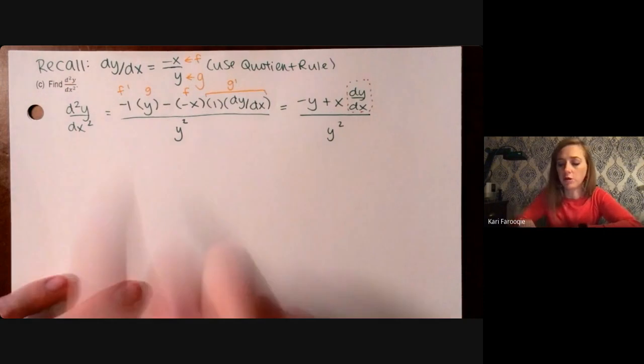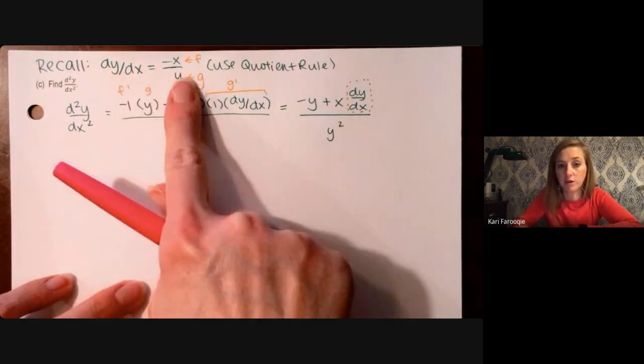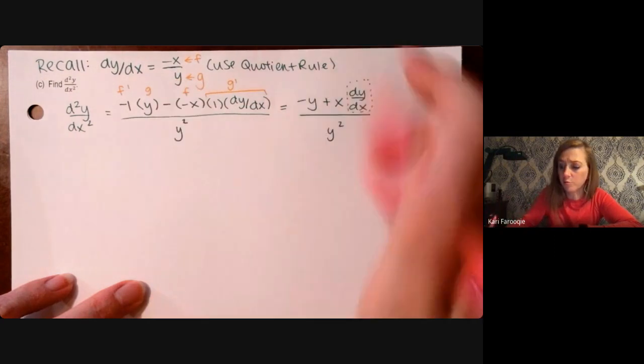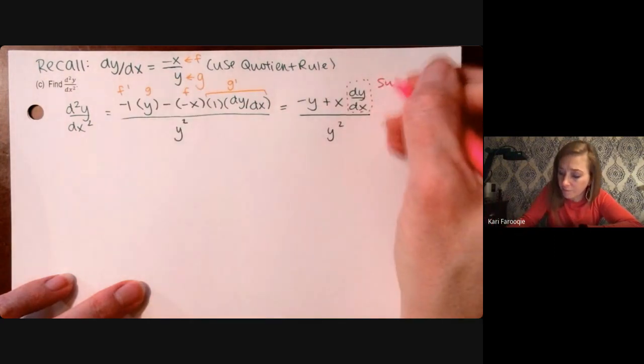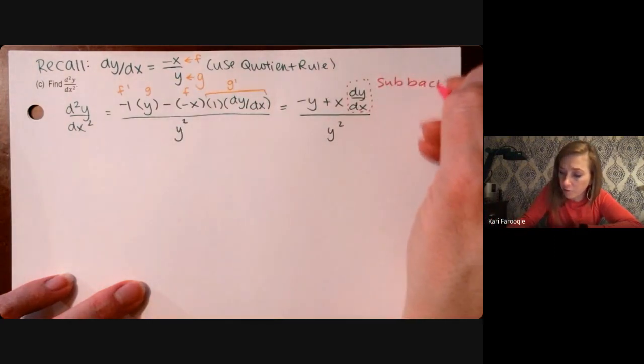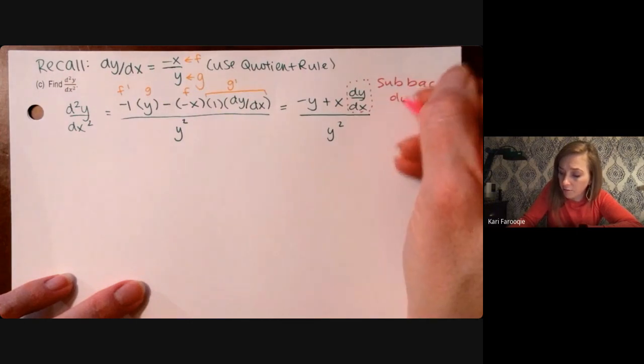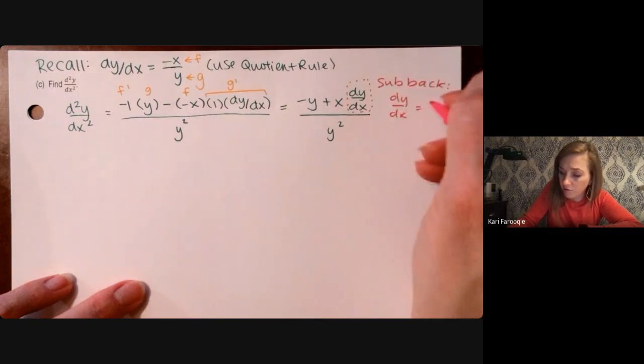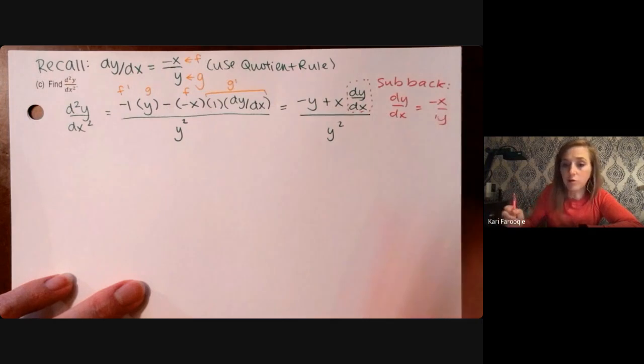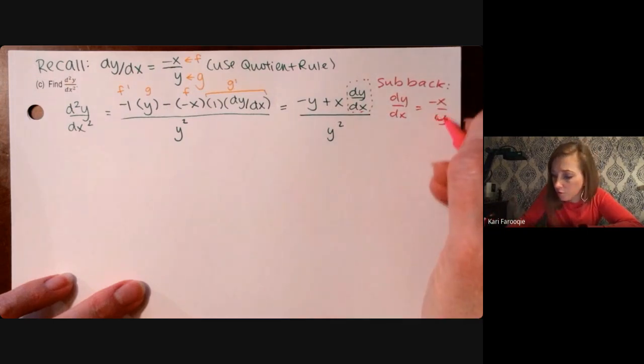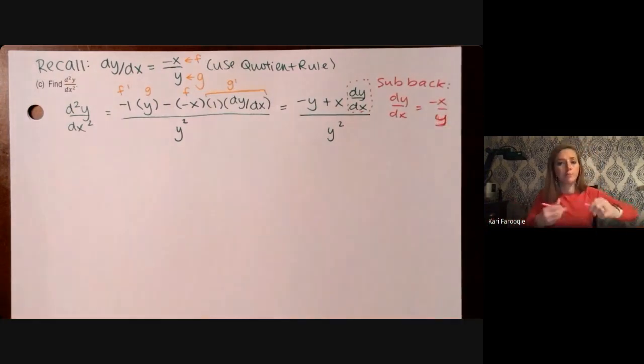We set up here that dy/dx was negative x over y. That's how we get around this. We substitute it back in. So we're going to say sub back: dy/dx is negative x over y. I'm going to do that in the next step. Sorry, I ended up with an extra little mark there.